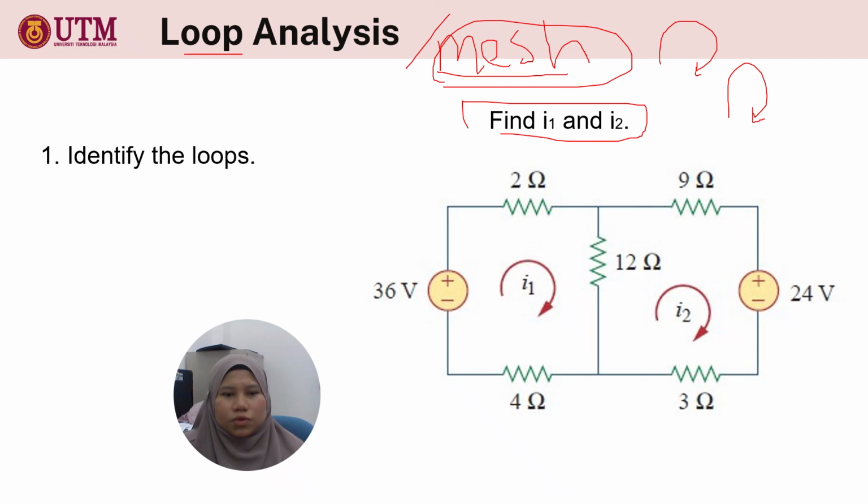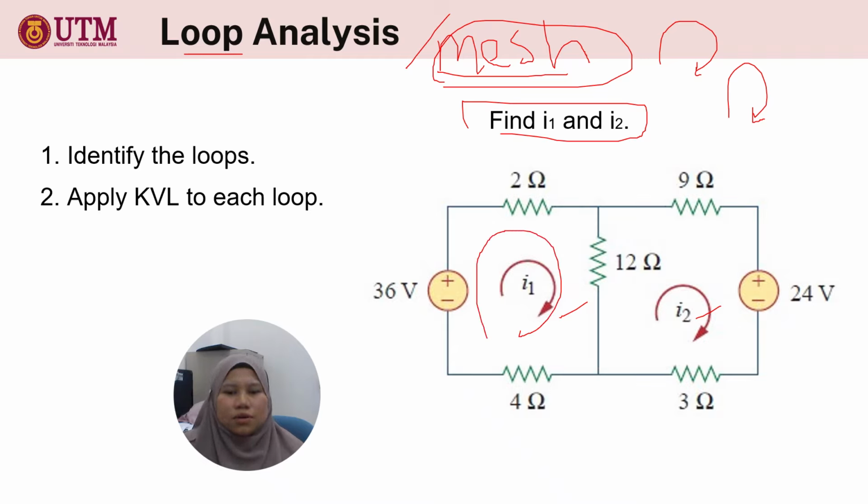So first you need to identify the loops. It's already been given, loop number 1 and loop number 2 here. Then you need to apply KVL to each loop. What is the equation here and what is the equation here? Remember, in these branches there are 2 currents flowing through. You need to give me your equation in the comment section below.